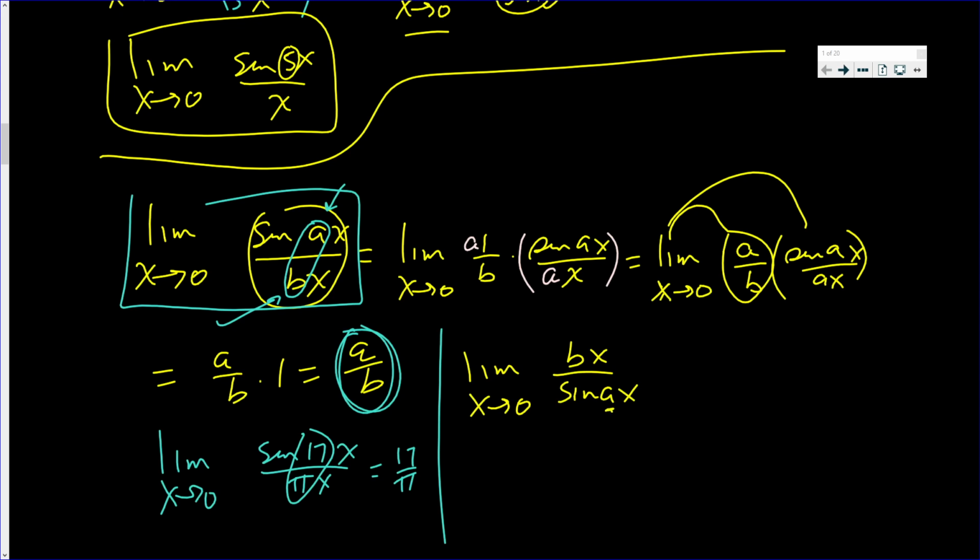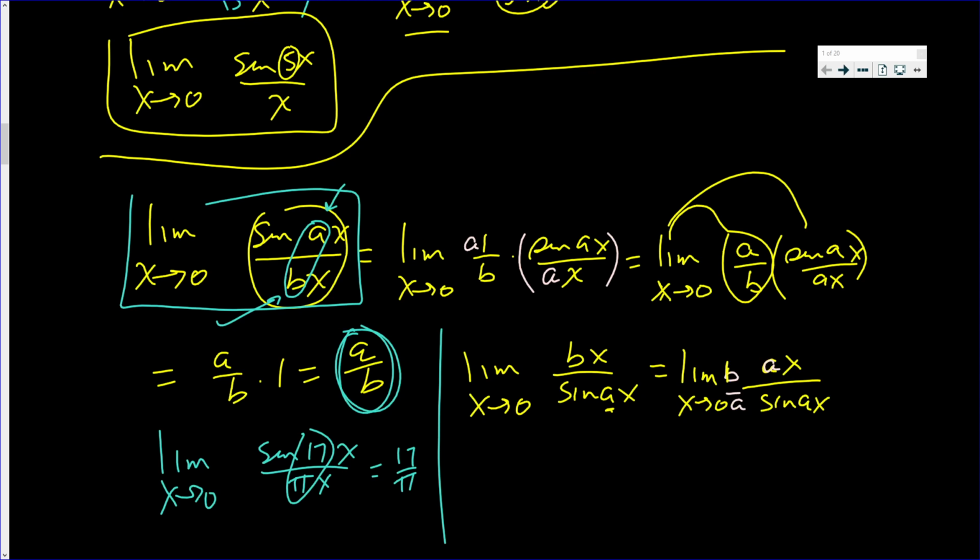That is, sine of ax, for example, doesn't equal a times sine x. So what we want to do is, we need to keep the sine ax, and instead of x on the top, we have to have a times x on the top. So there's the b, and there's the a.